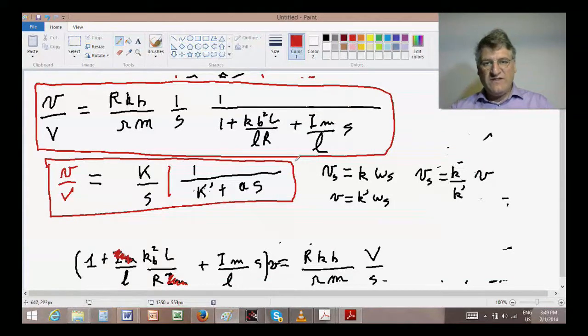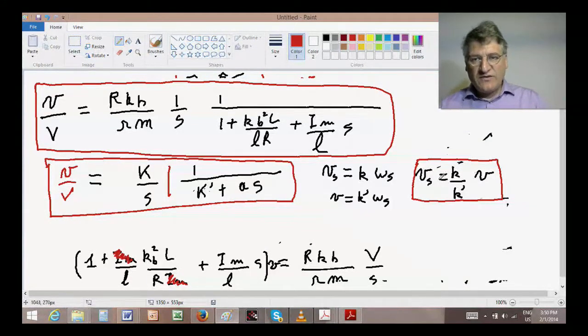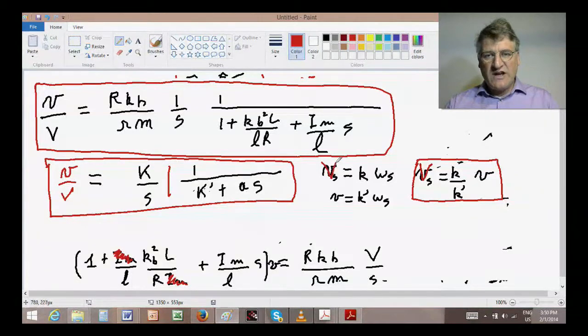And of course, we have V here as a function of the input voltage. So this Vs, which is the output voltage, which we can also capitalize in order to make it look like the input voltage, is a second order transfer function of the input voltage.